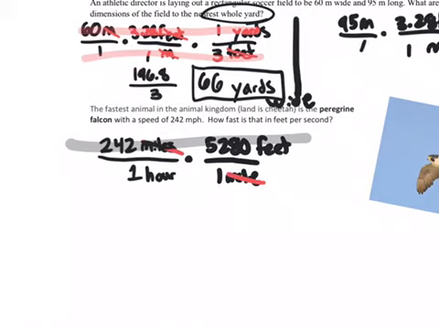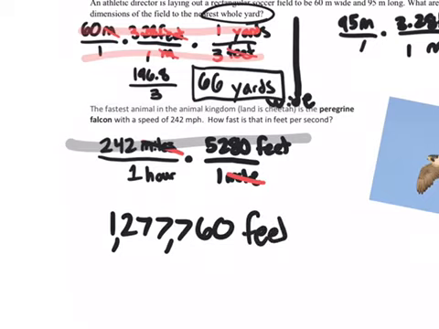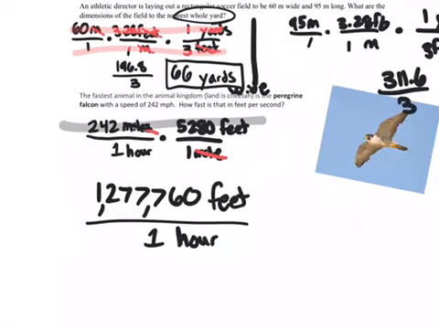So right now we are at 1,277,760. So 1,277,760 feet per 1 hour. All right, which you can see how fast that is. That is a ton of feet in 1 hour, but it's going very, very quickly.